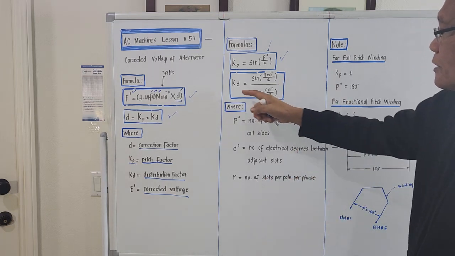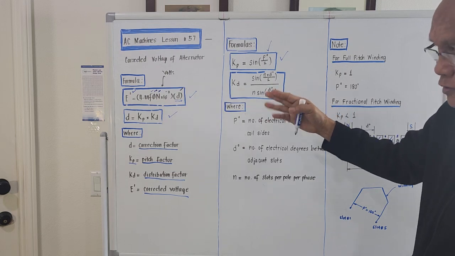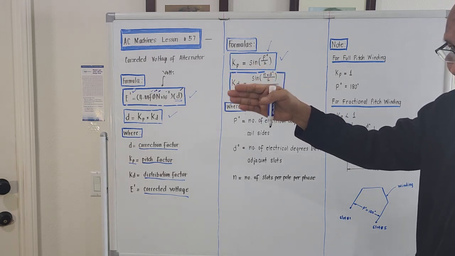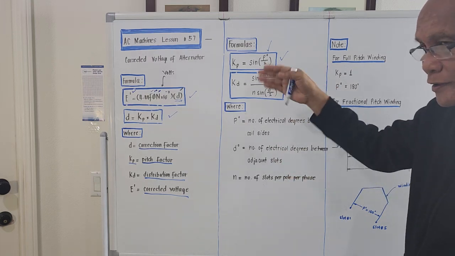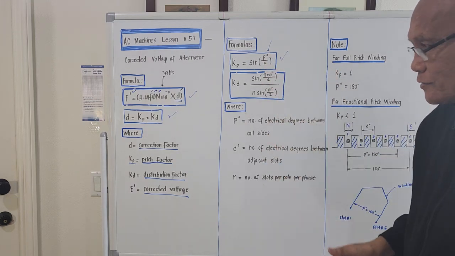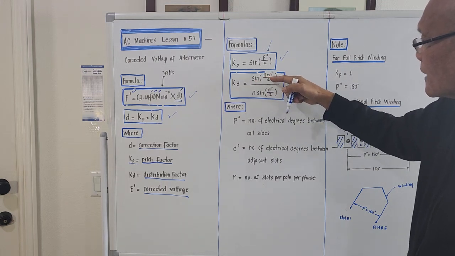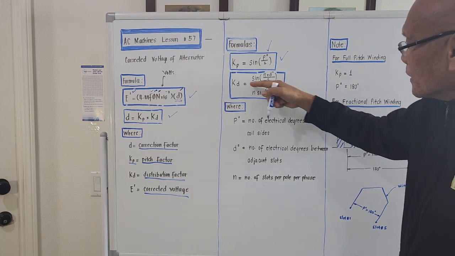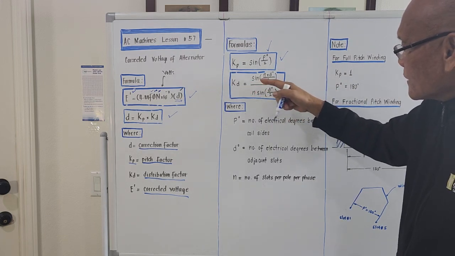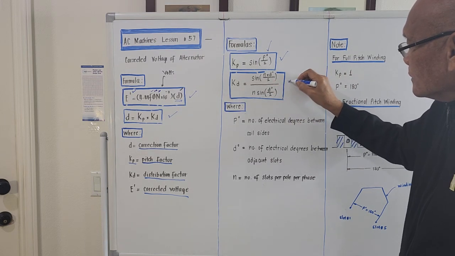K sub D will be the sine of the quantity, and this now combines algebra and trigonometry, because there are some open and closed quantities, which is a part of algebra. Sine of the quantity n, small letter n, times D degree all over 2, closed quantity, all over n, sine of the quantity D degree over 2, closed quantity. Okay.